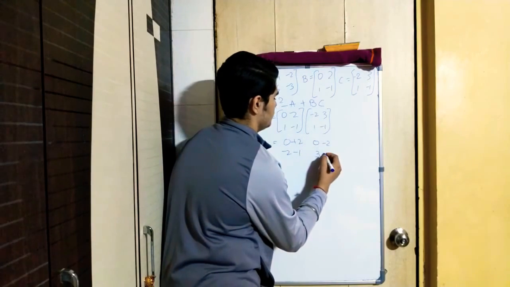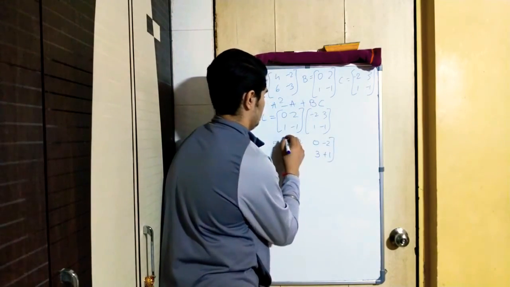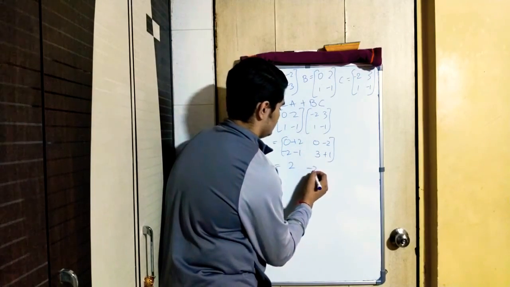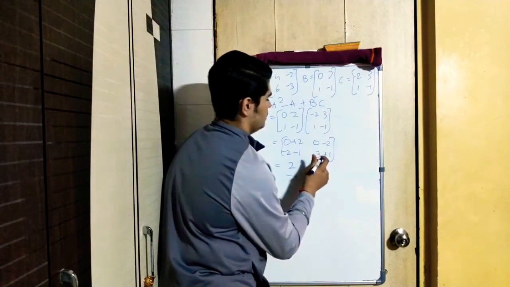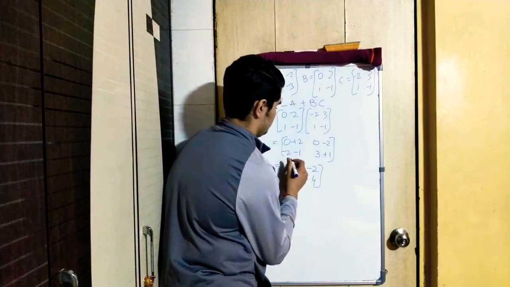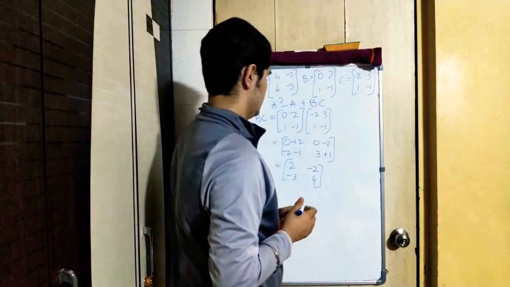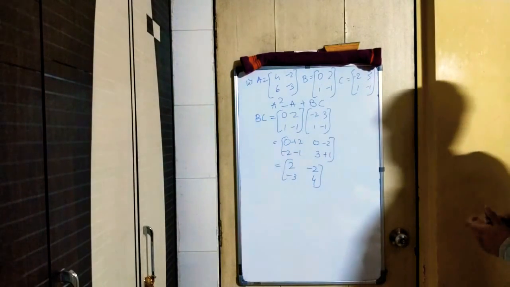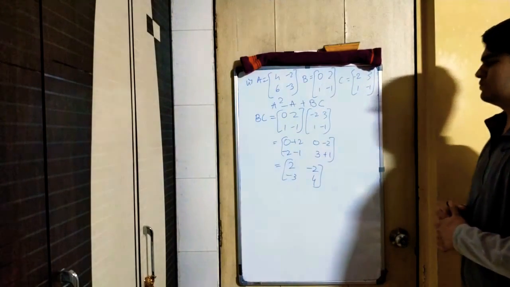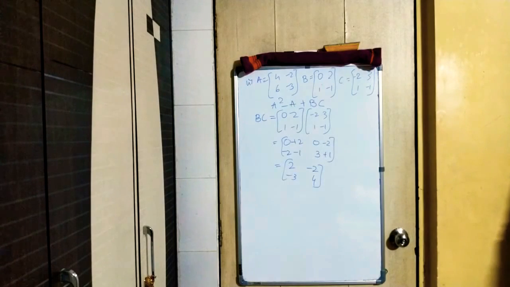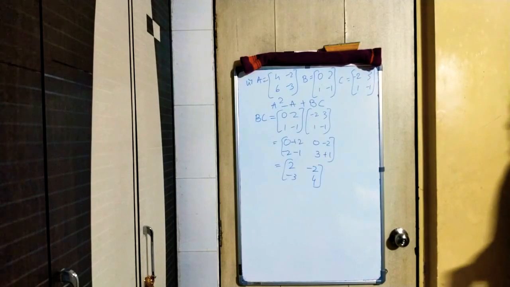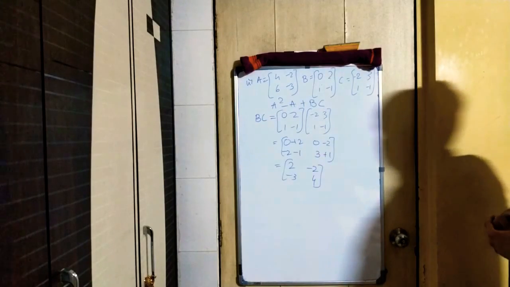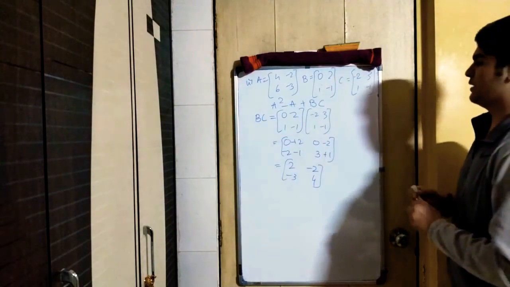Minus 1 into minus 1 is plus 1. So you can copy it down. The value of BC we get as [2, -2; -3, 4]. So I hope you have copied it.